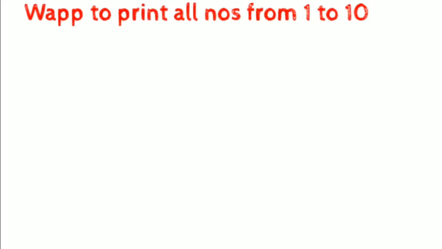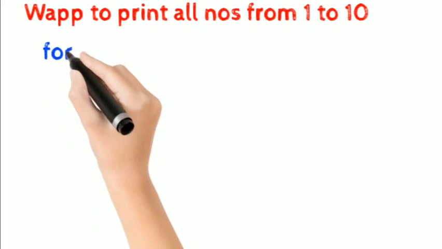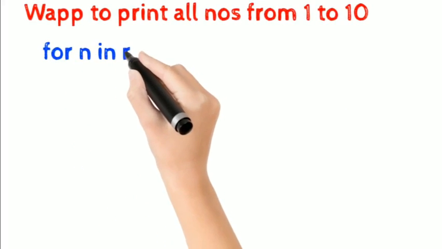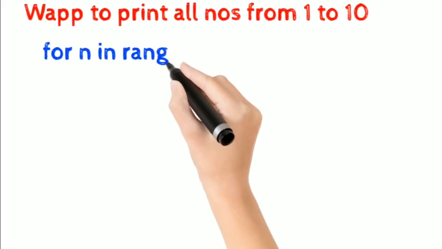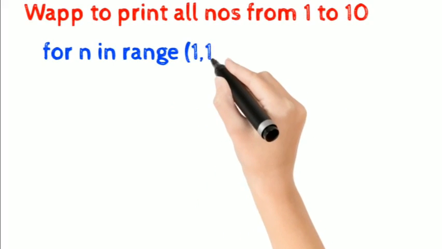Fine. So here the first looping structure, that is for, which is supported by Python, the syntax is a little different than C, C++ and Java.